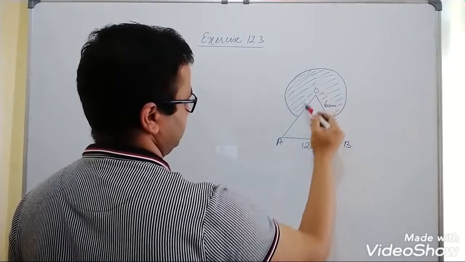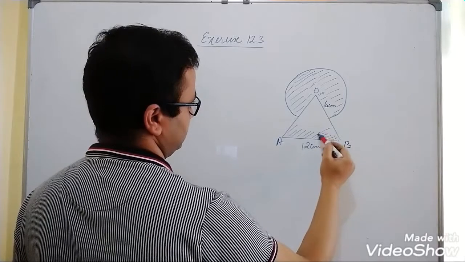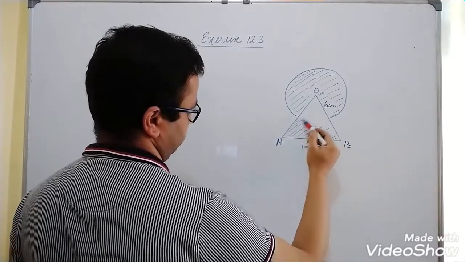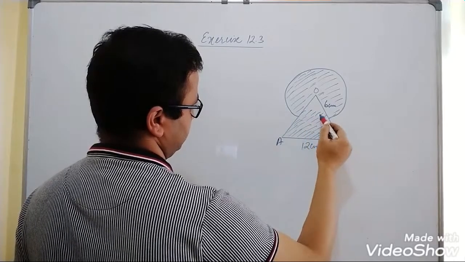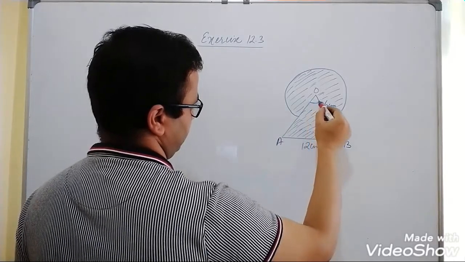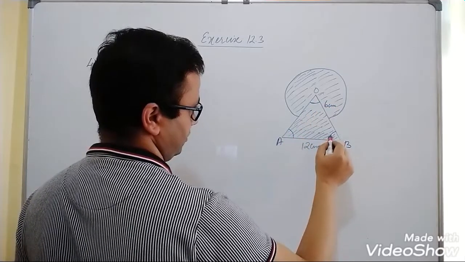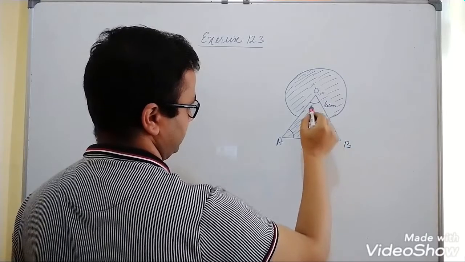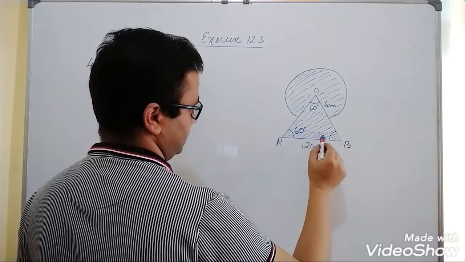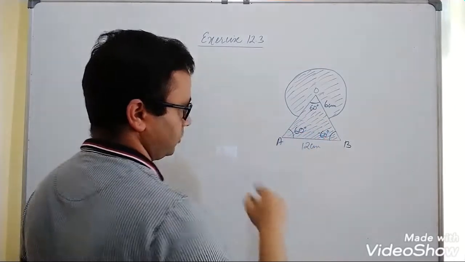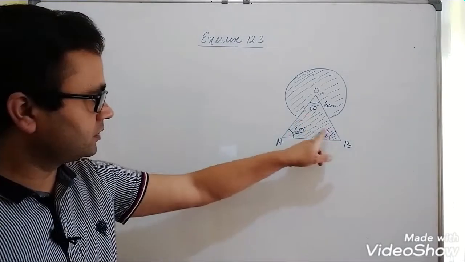For the shaded region, first we have to calculate the central angle. Each angle of an equilateral triangle is 60 degree because all the sides are equal, so all the angles are equal. The sum of all the angles of a triangle is 180 degree. So these are all 60 degree.